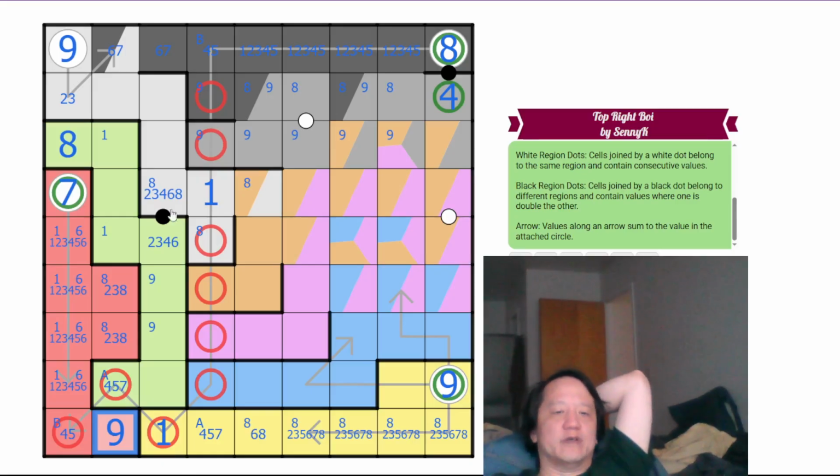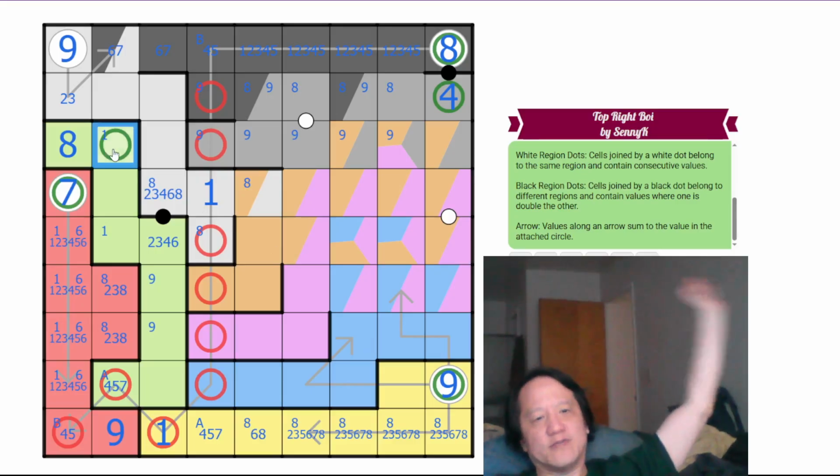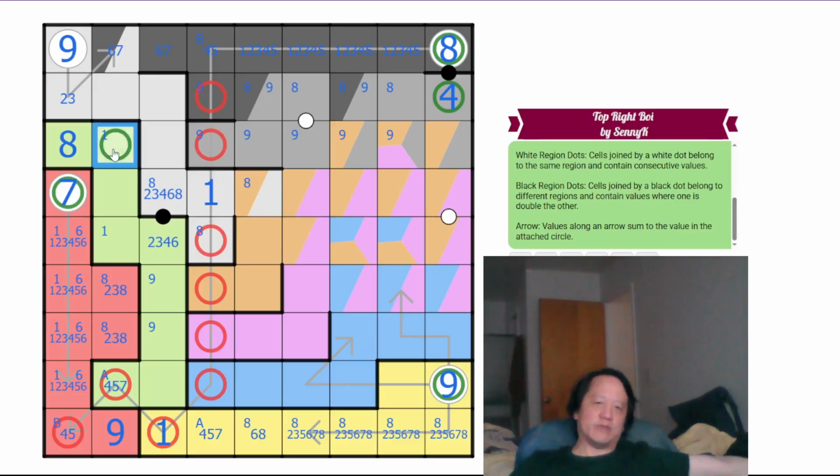Yeah, the problem is that this has to be 8 then. And this is not a top right boy. This is the top right boy. Oh, that's another thing we should notice. So that's a top right boy. Oh, it can't even be 7 here. So that's problematic in itself.